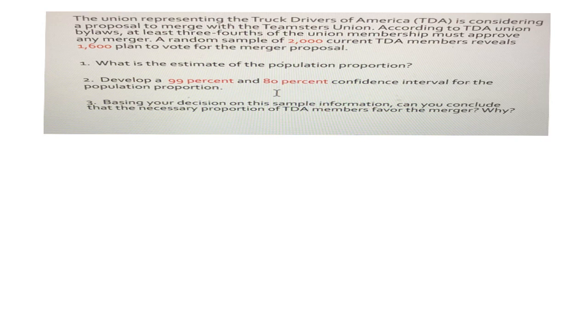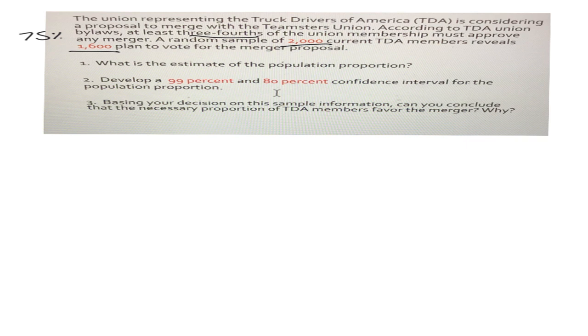The union representing the truck drivers of America is considering a proposal to merge with the Teamsters Union. According to the TDA union bylaws, at least 3/4 of the union membership must approve any merger, so at least 75% must approve of the merger. A random sample of 2,000 current employee members reveals 1,600 of them plan to vote for the merger.